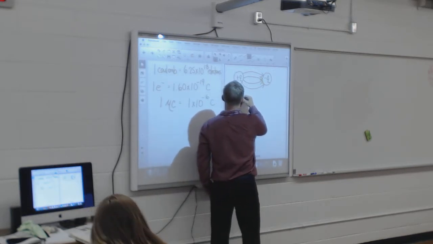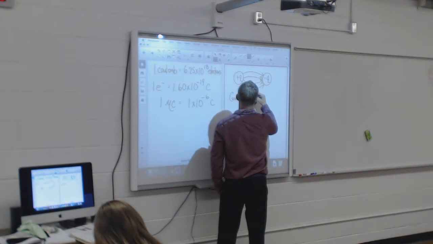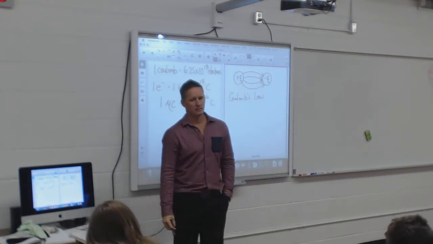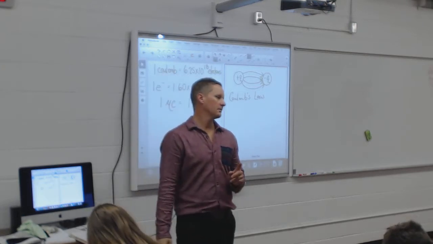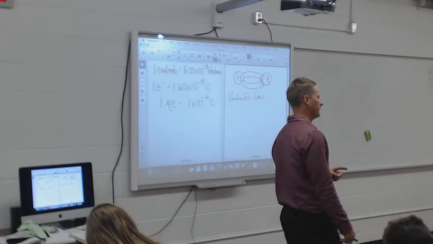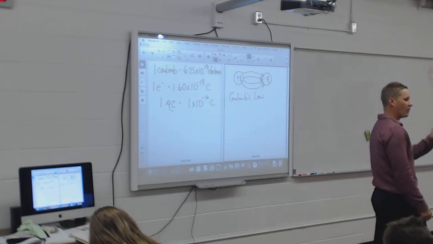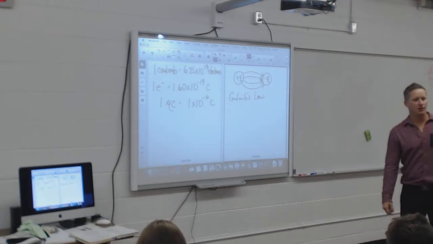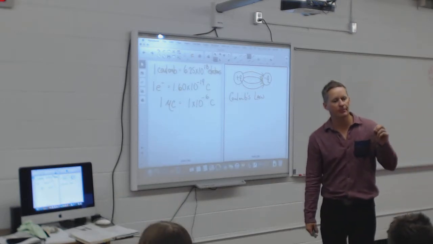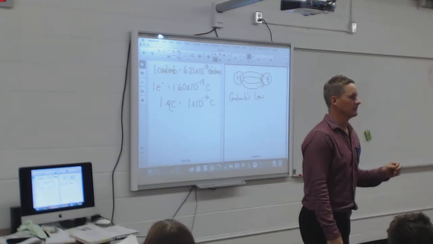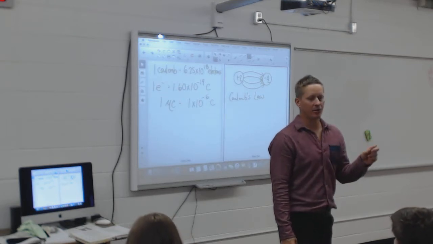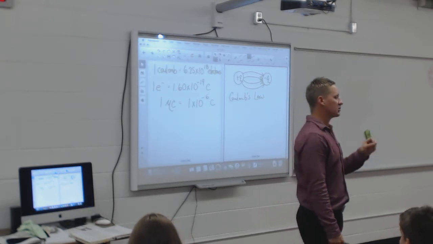Coulomb's law. By definition, Coulomb's law: the amount of force between 2-point charges is directly proportional to the product of the magnitude of the charges, and inversely proportional to the distance squared between them.